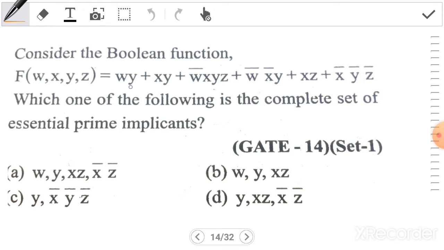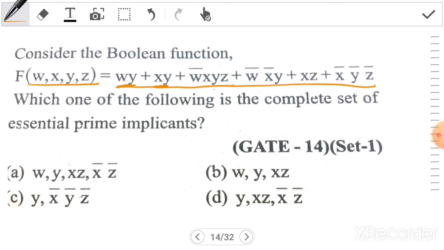Consider the Boolean function. Which one of the following is the complete set of essential prime implicants? Okay. So you see here, since we have 4 variables, but here 2 variables are missing in each product term.